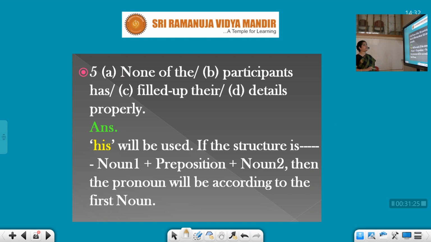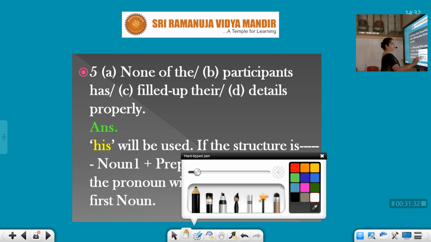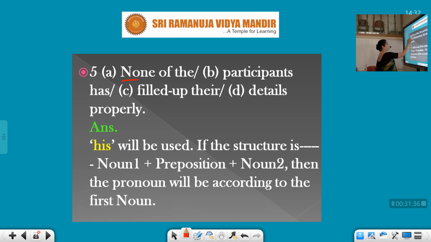None of the participants has filled up their details properly. None. This is another very important part which I have explained to you in subject-verb agreement. None always represents singular. None means nobody.